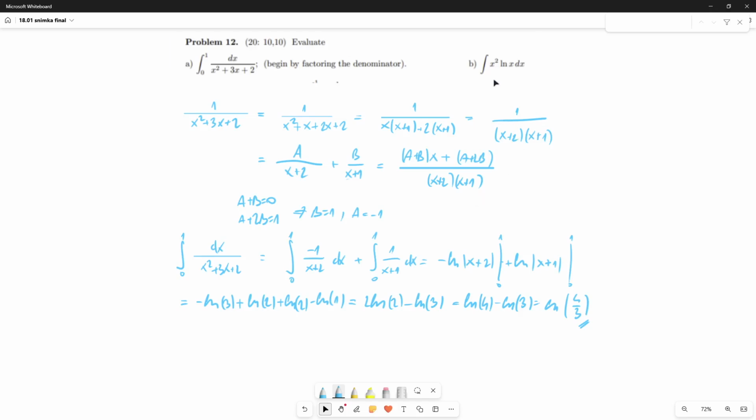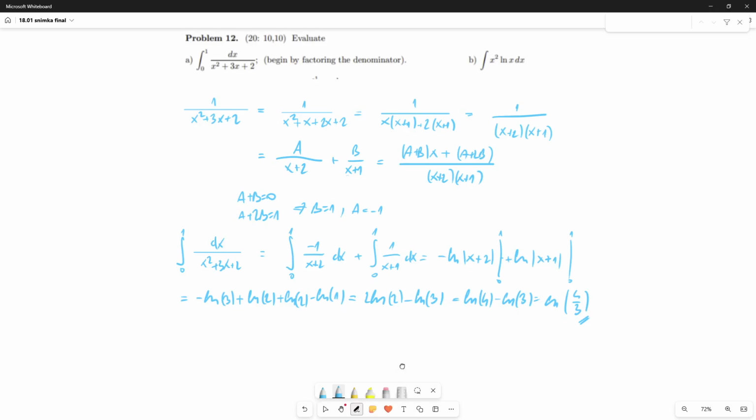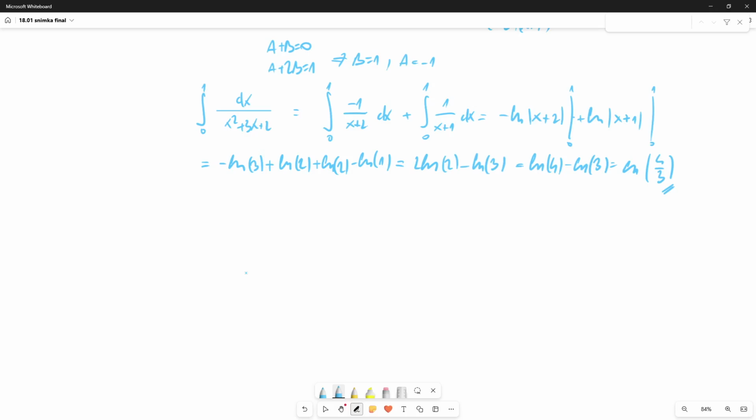Now let's go for part B. In part B, we'll use integration by parts. I write down ln of x first, just to show that for integration by parts, for which the general formula looks like this, we have a function u of x and we have dv of x.